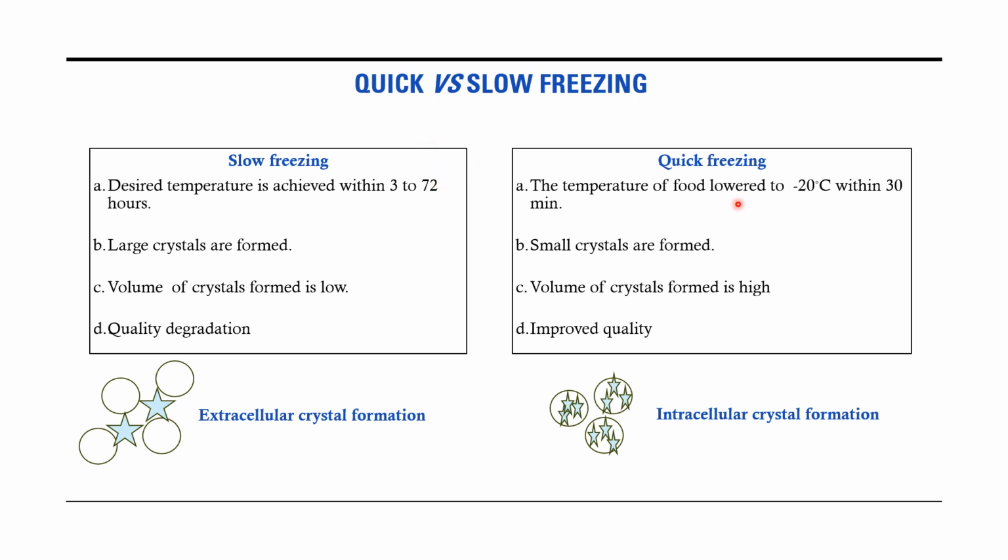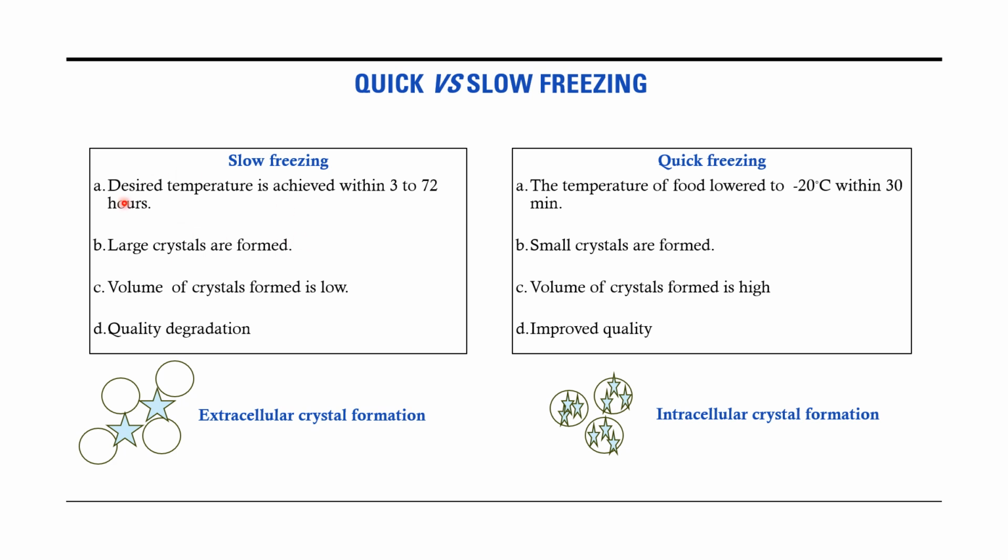Now, we can differentiate the freezing process into two depending on the time required to freeze a product. We have something called slow freezing and we have a concept called quick freezing. In slow freezing, we subject the product to a desired temperature, and this temperature is reached within a few hours to a few days.